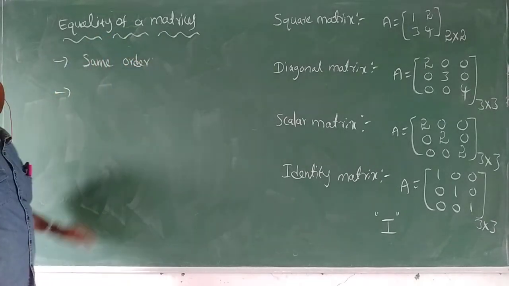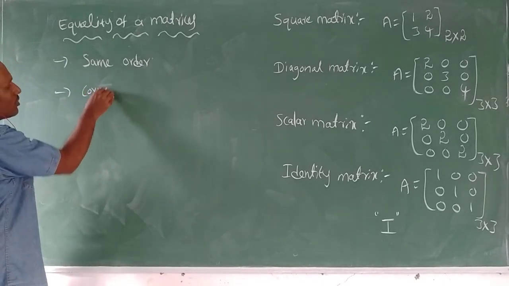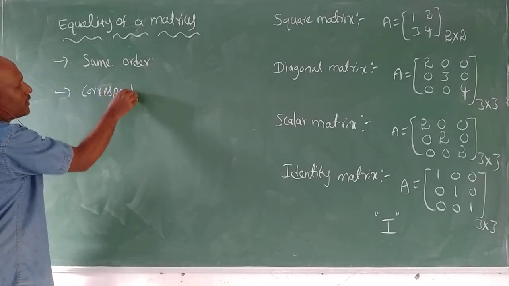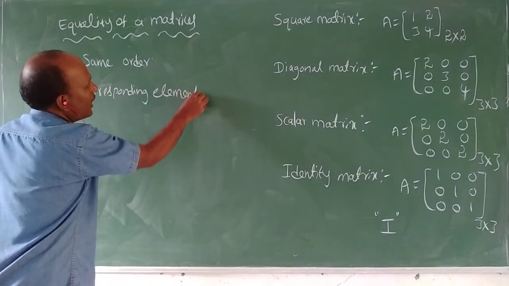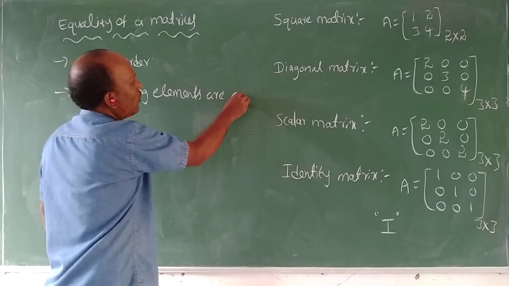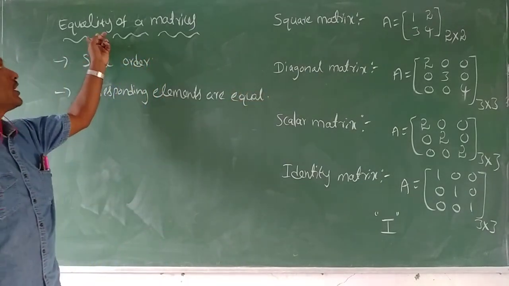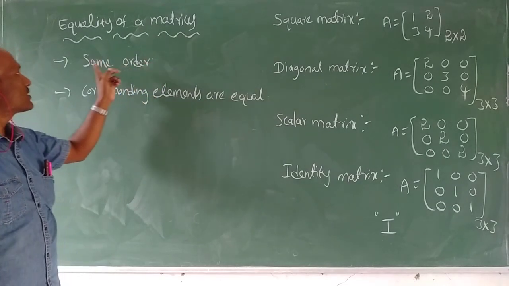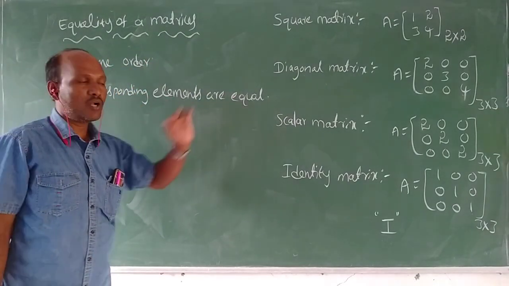Second condition: corresponding elements are equal. Equality of matrices: same order, corresponding elements are equal.